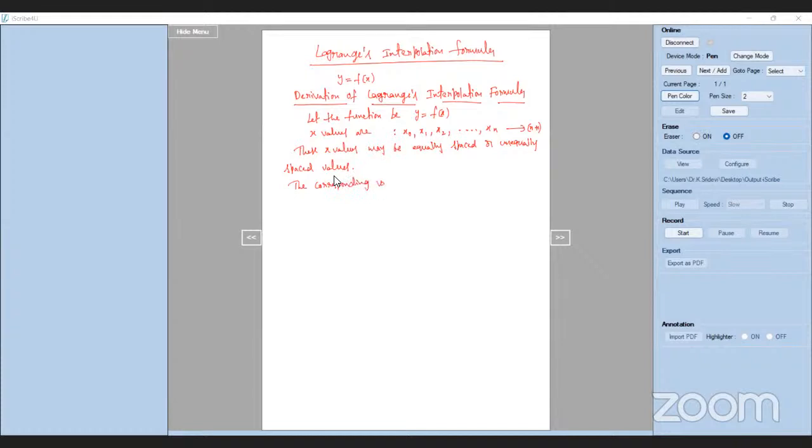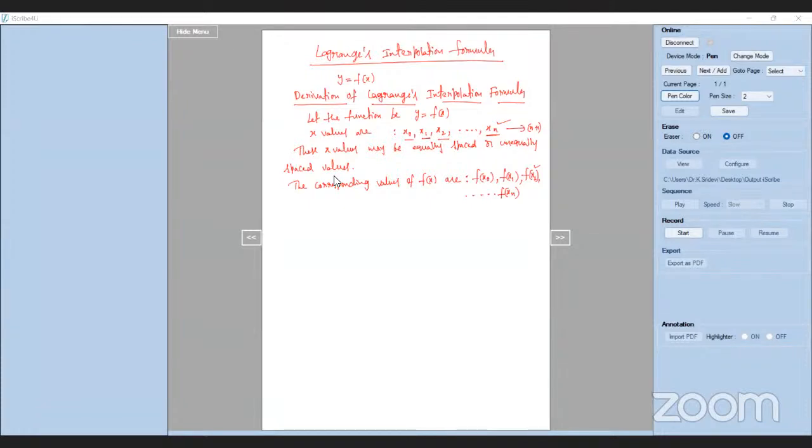At x0, the f of x value is f of x0. At x1, the f of x value is f of x1. At x2, the f of x value is f of x2, and so on. At xn, the f of x value is f of xn. So these are the x values, these are the f of x values. These x values may be equally spaced or unequally spaced values.